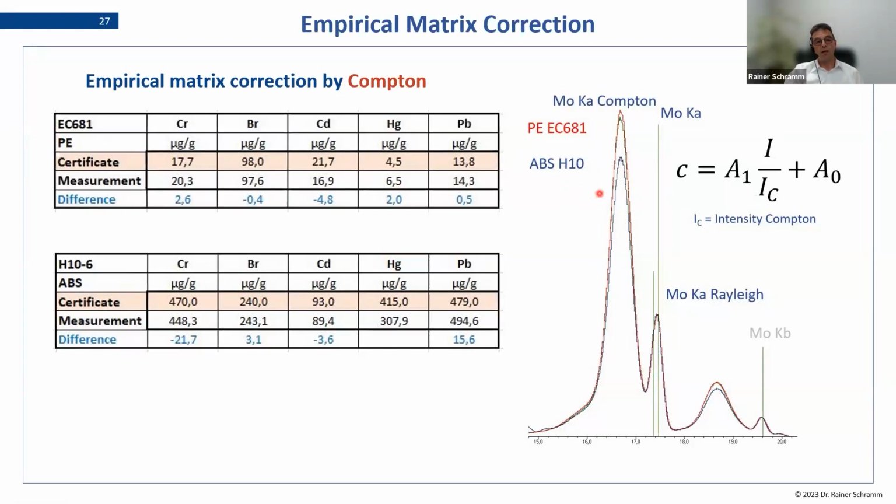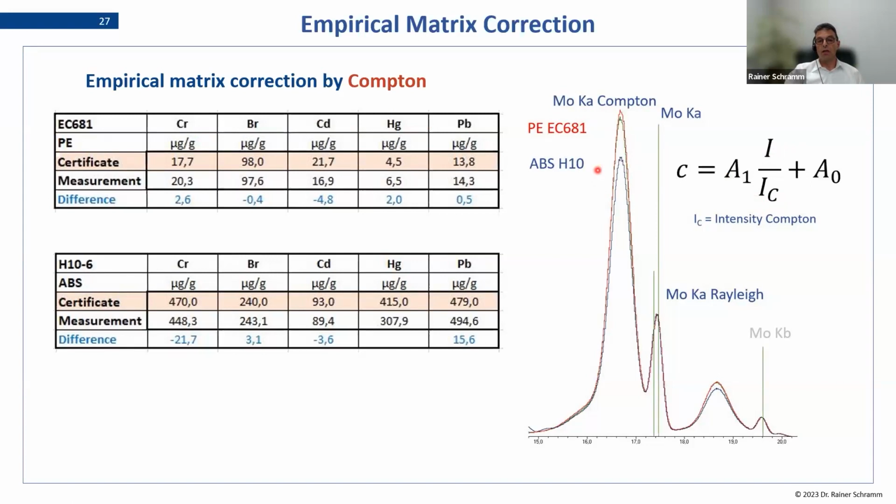So even if we can't measure the single elements from the organics here, we can see the effect in the Compton peak. And if I then calibrate the elements of interest, here the heavy elements chromium, cadmium, mercury, and lead, the intensities are all normalized to this Compton peak. And then I'm able to measure both matrices in one calibration.